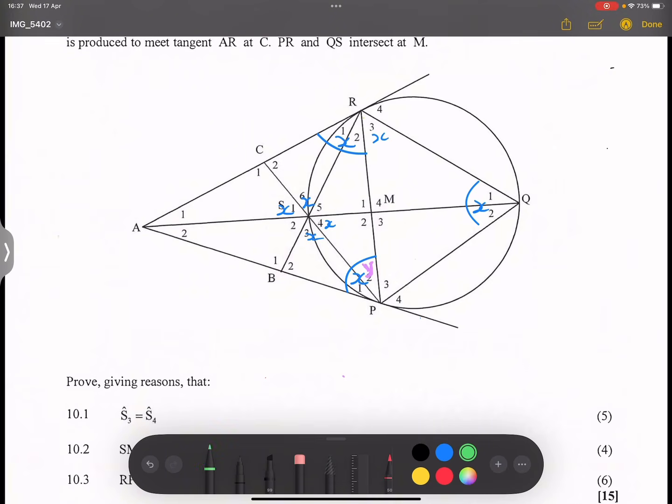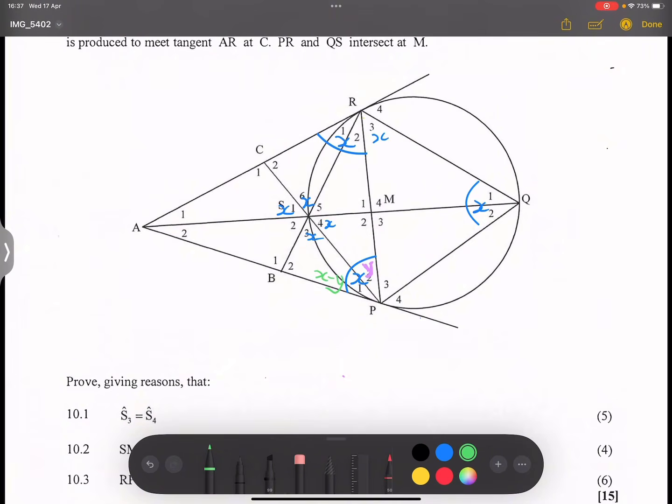Remember the whole of P1 and P2 was equal to x, and if P2 is equal to y, then it means that P1 would be x minus y. So this angle here would be equal to x minus y.